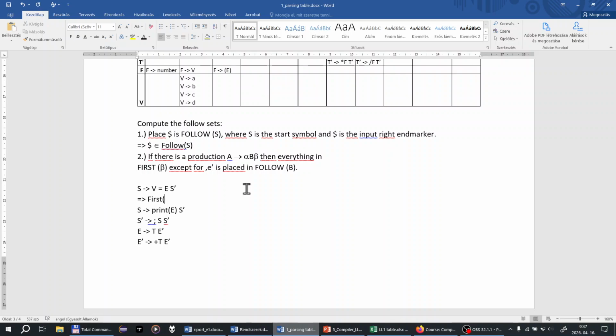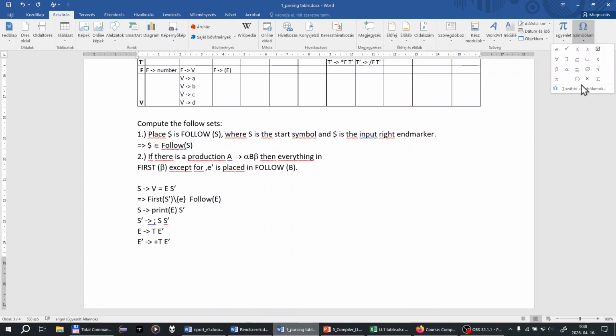As a result, first of S prime minus the empty is an element of follow E, because S prime follows E.